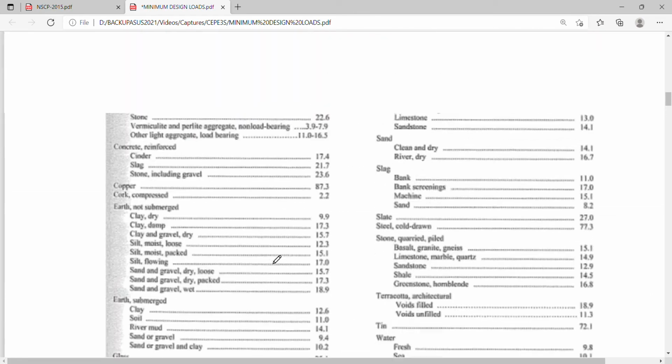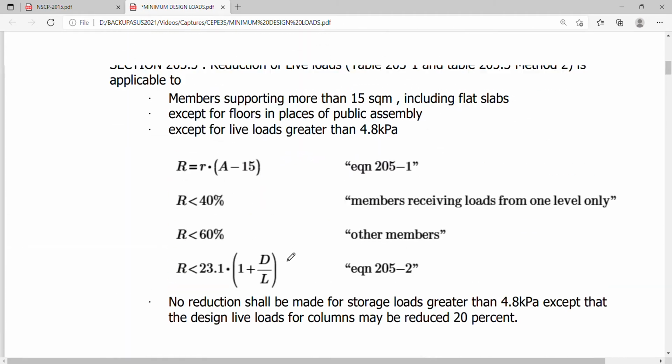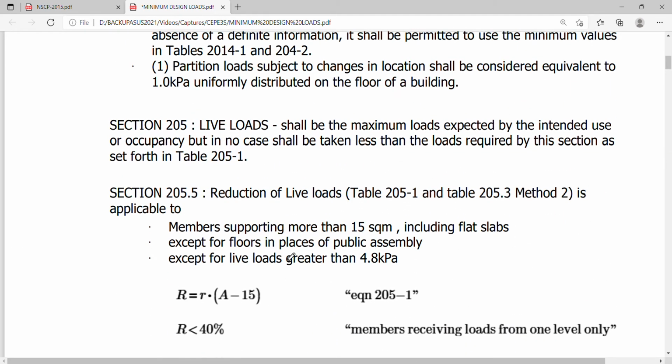So for the first provision on live load consideration, we have the reduction of live loads, which is Section 205.5.